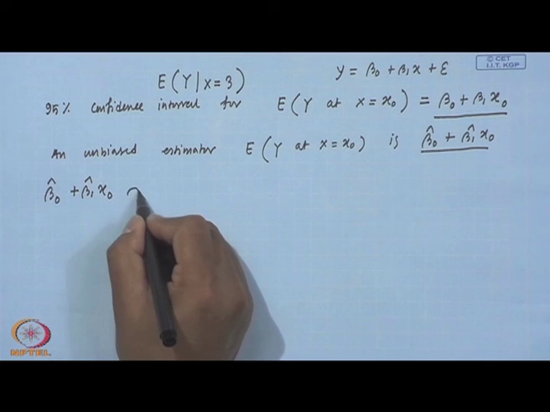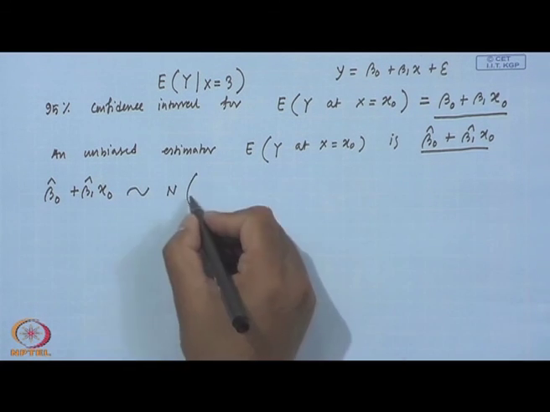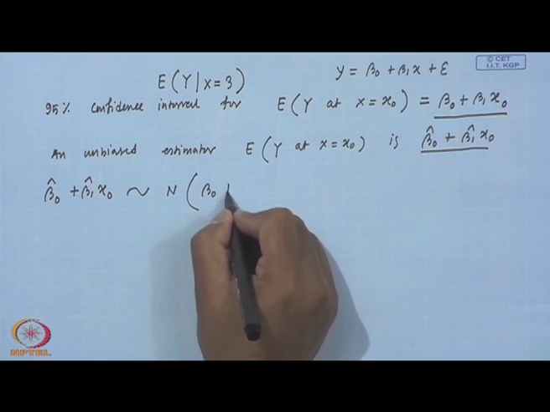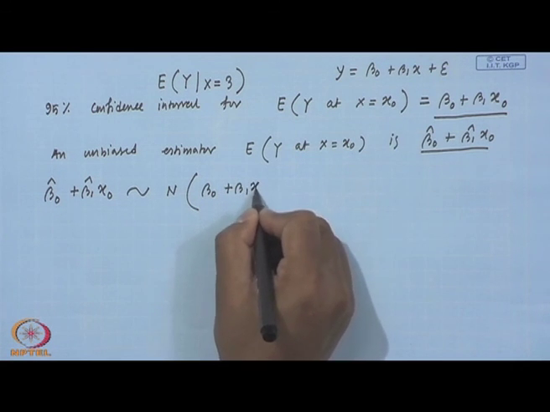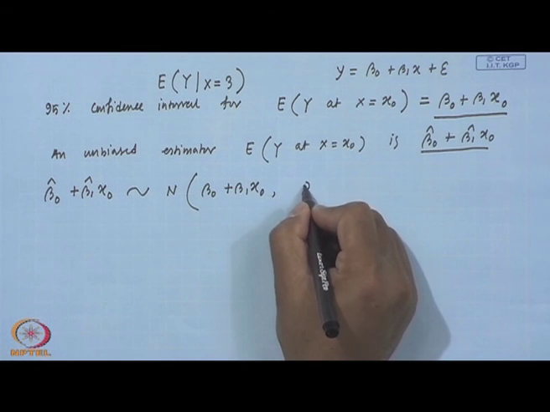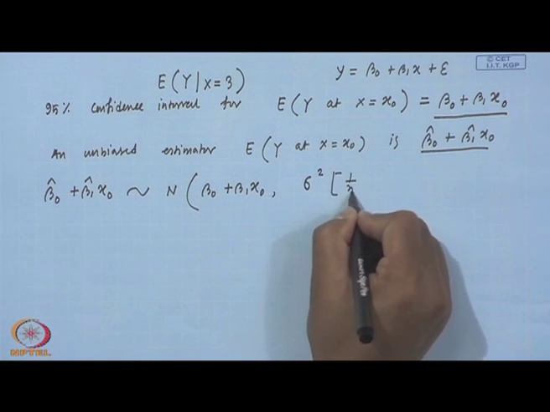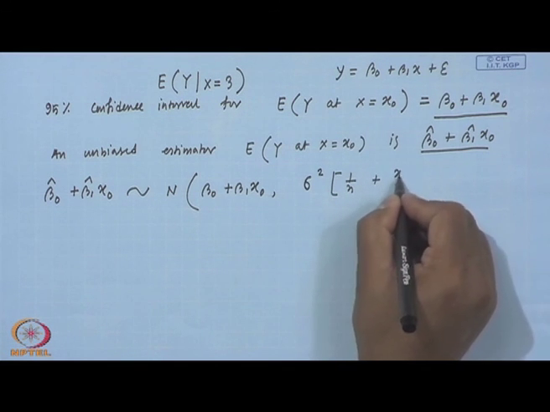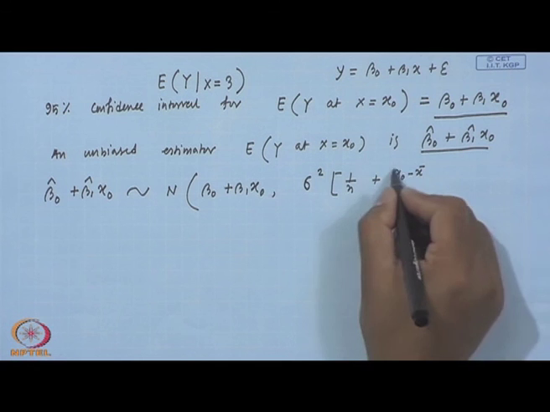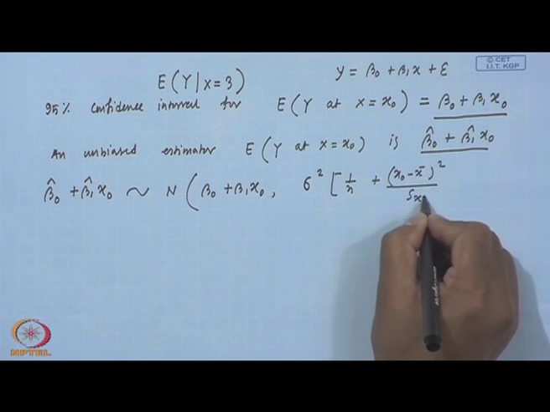So, this follows a normal distribution with mean beta naught plus beta 1 x naught, and you can check that this has variance sigma square times 1 by n plus x naught minus x bar whole square by S x x.